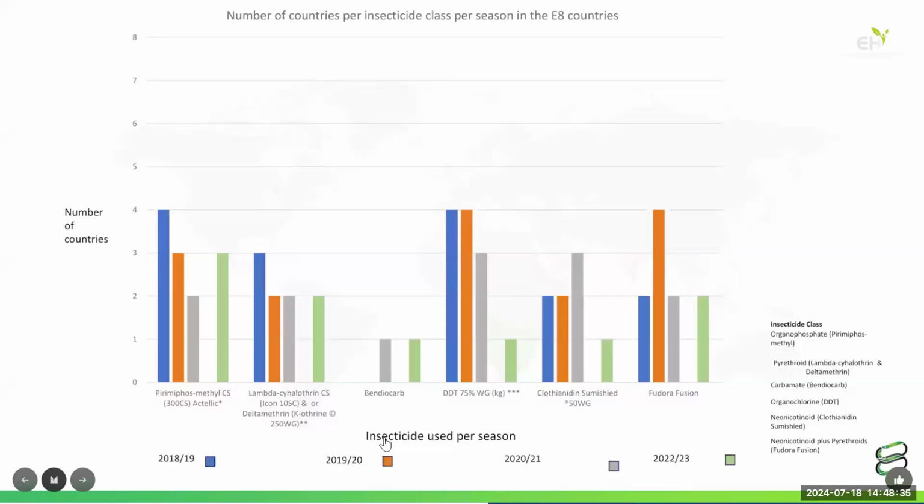But of course, I'm not negating that some countries, especially the low-burden countries, do not treat IRS as the core intervention; they also use nets. And I know that even in the second line, in the first line countries, they are also using larval source management. But I specifically wanted to show this graph because we are looking at the pesticide side of it all. The next slide, please.